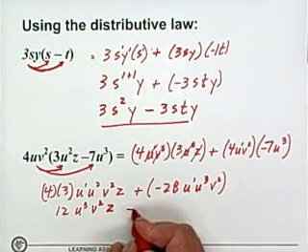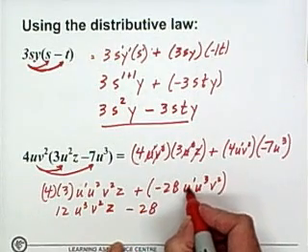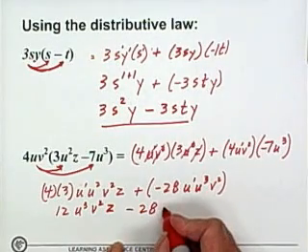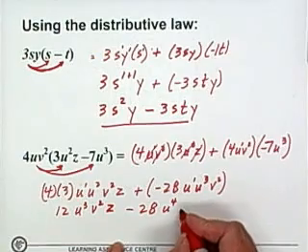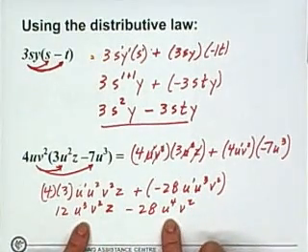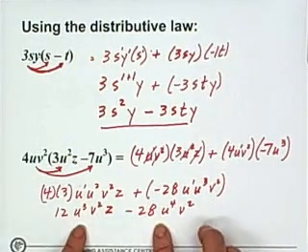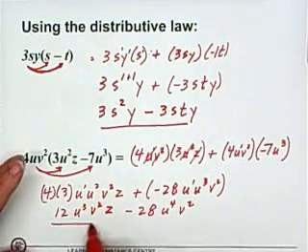So this becomes minus 28. This is u, 1 plus 3, so it's u to the 4 v squared. Then we look at our literal factors to see if these are like terms, and they're not. We have u cubed here, u to the 4th, so we cannot add them. So this then is our answer.